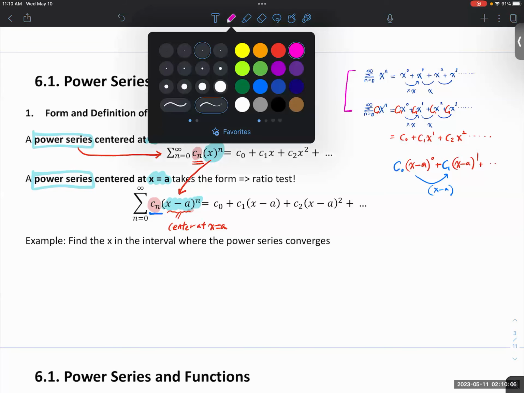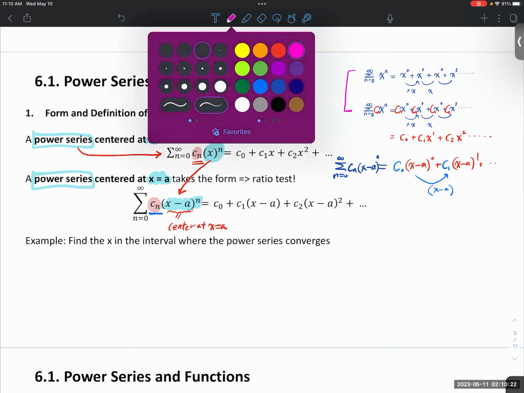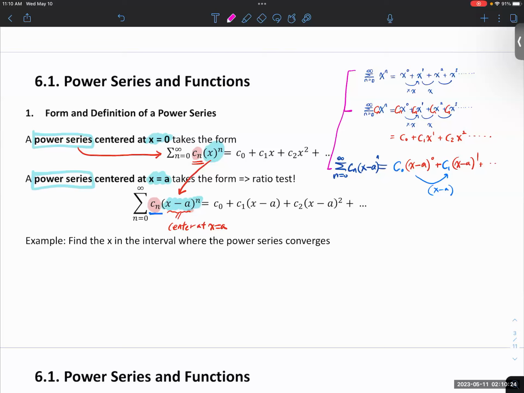This one was the sum to infinity of Cn times x minus a to the n. We have those three geometric series, because you keep multiplying the same number, x or x minus a.